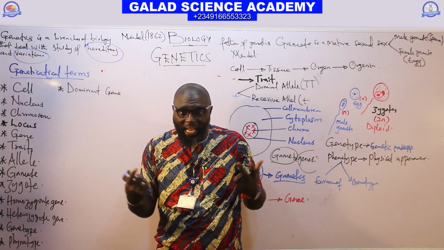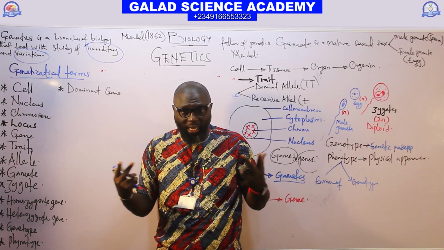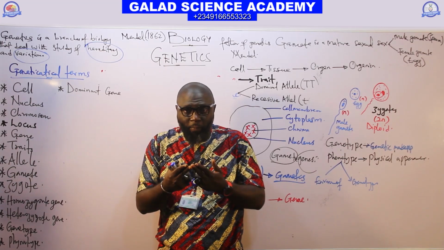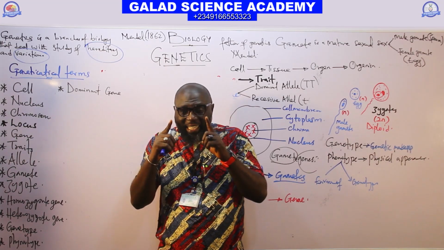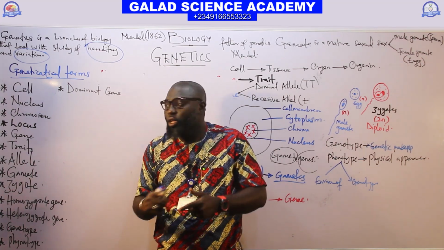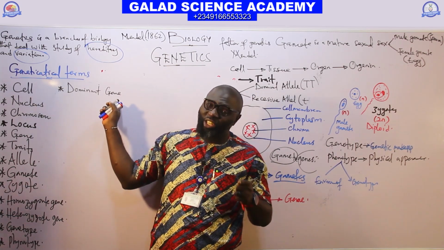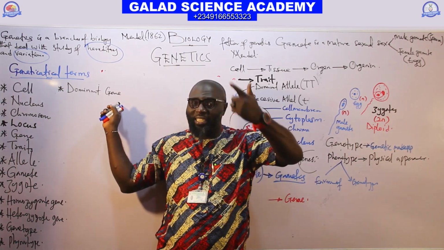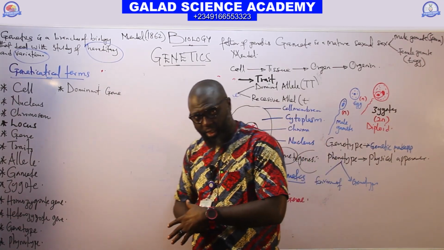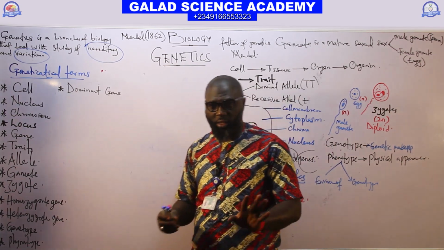So when two alleles of a different gene come together, the allele that expresses itself over the other one is called the dominant gene. A dominant gene is a gene that expresses itself in the heterozygote state, and it also expresses itself in the homozygote state.